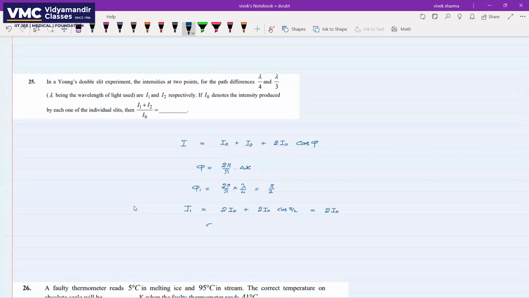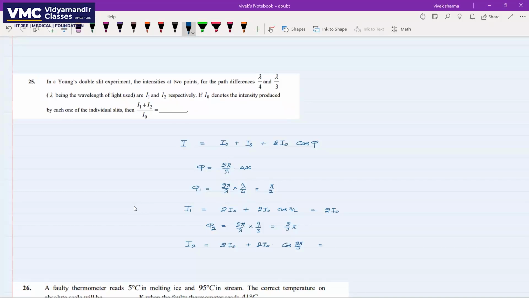This term will become 0 and it is 2 I naught. And for second case, second point, phi 2, it is 2 pi upon lambda into lambda by 3, and this will become 2 by 3 pi or 120 degree. And intensity at this point I2, that is 2 I naught plus 2 I naught into cos 2 pi by 3.